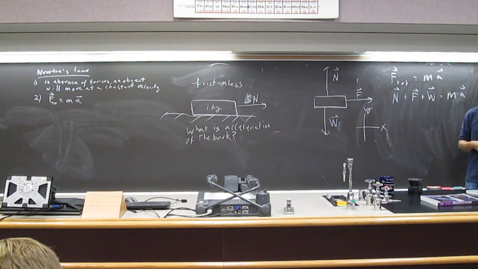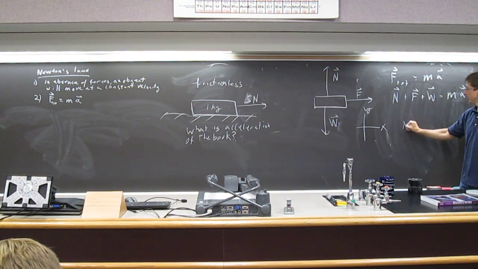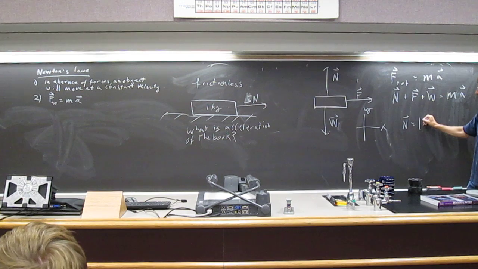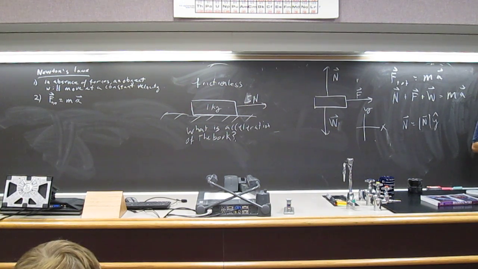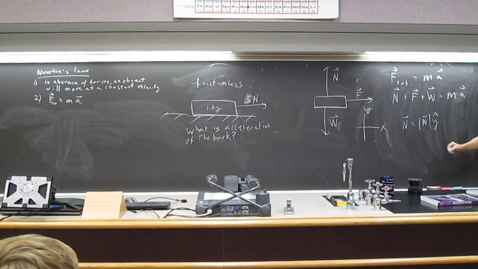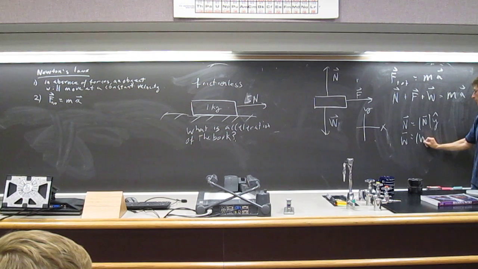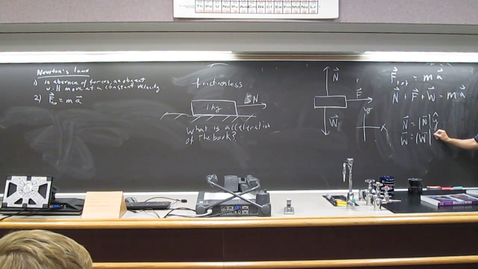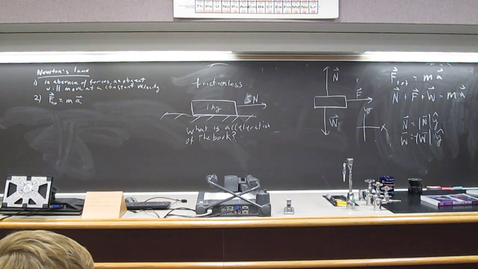And then we can look at x and y components of this equation. So N would be the magnitude of N, y hat, because it's all in the y direction. What's the weight? It would be the magnitude of the weight. We haven't talked about what that is yet. And it's in the negative y direction, like so.